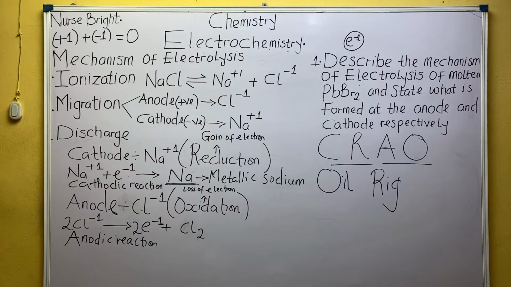No. For you, Lanrio, lead should be positive now. I told you already. Lead is a metal, so it's positively charged. So it should be Pb2+. All right. Should be Pb2+, guys.